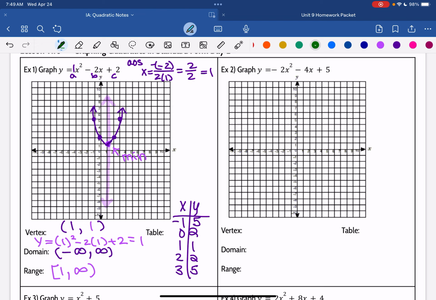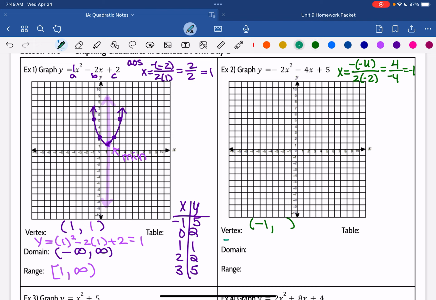Okay, number 2. Let's find our axis of symmetry. So we have x equals negative negative 4 over 2 times negative 2. So 4 over negative 4, which is negative 1. So our vertex is at negative 1, something. Now remember, we're going to plug in.